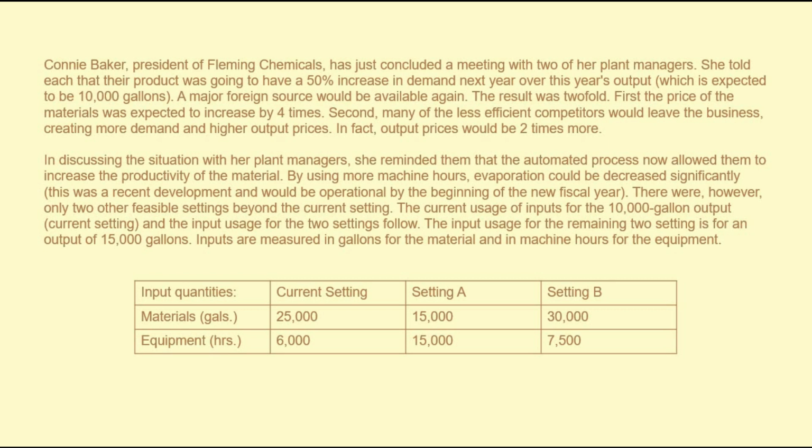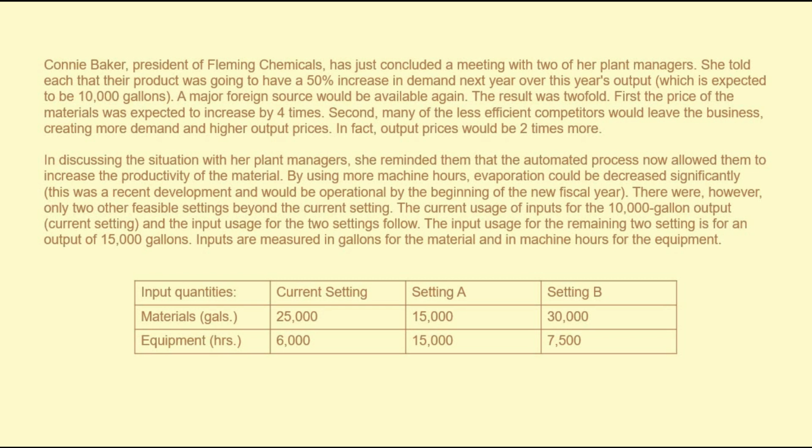The current usage of inputs for the 10,000 gallon output, which is the current setting, and the input usage for the 2 settings follow. The input usage for the remaining 2 settings is for an output of 15,000 gallons. Inputs are measured in gallons for the material and in machine hours for the equipment. So here are the input quantities.